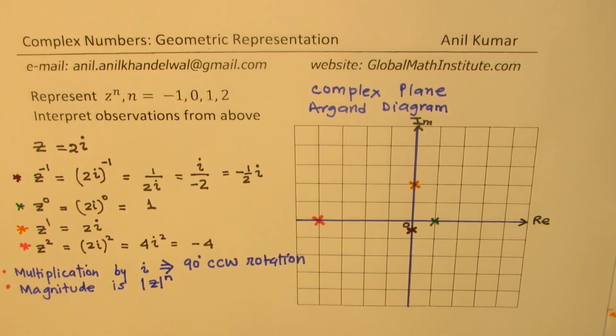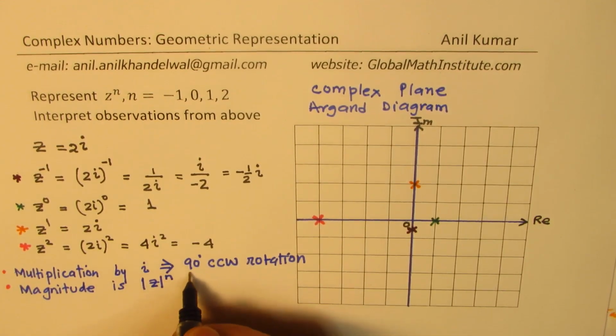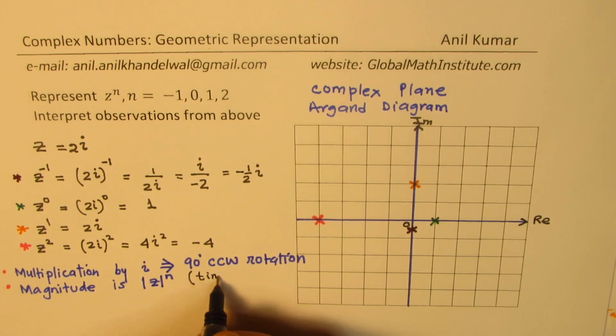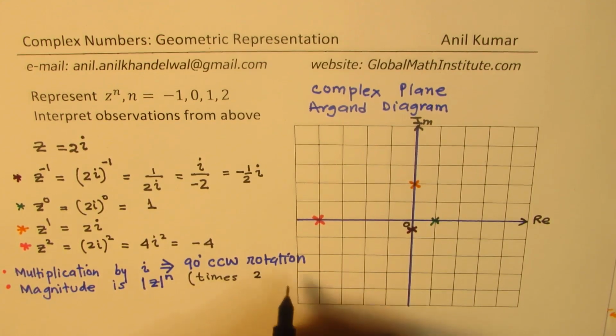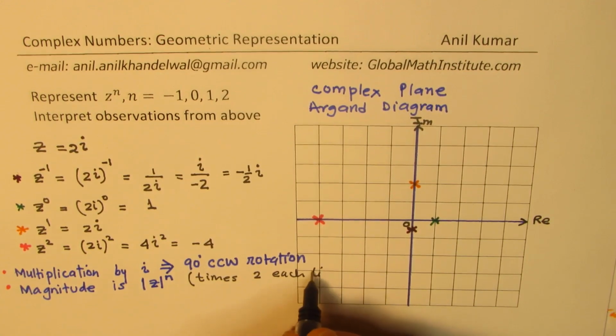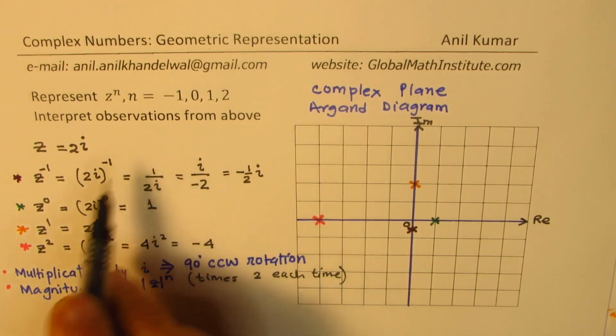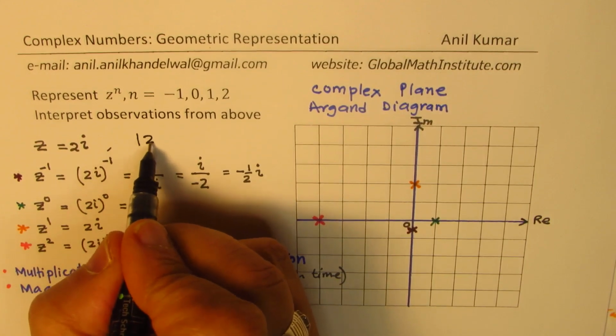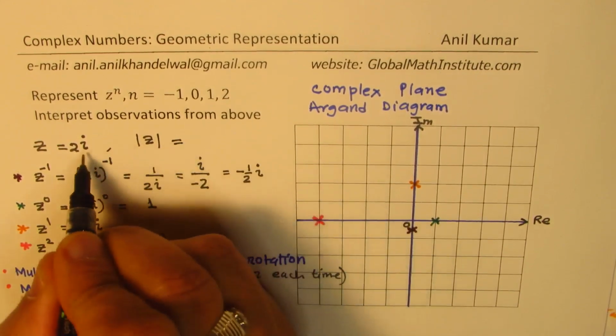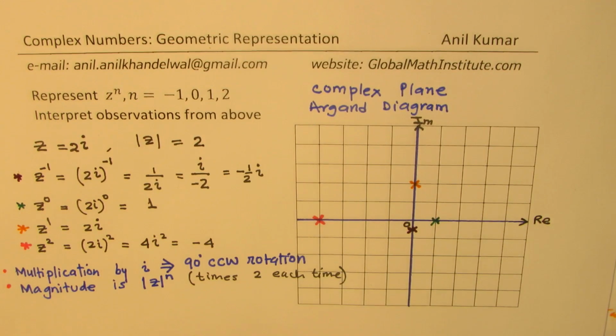So in our case, we are multiplying by 2 each time, since the magnitude of this complex number is 2. Perfect. And therefore, we did observe that two things happen: one, there is a counterclockwise rotation by 90 degrees, and second is that the magnitude power is to be considered.